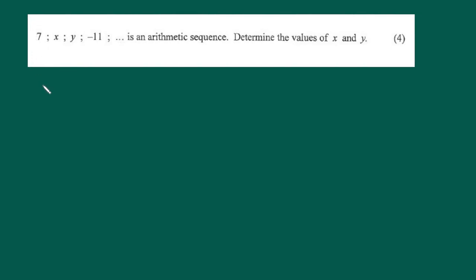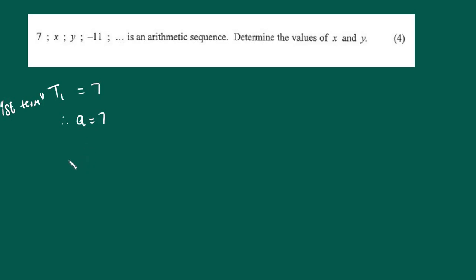Because it's on the first position. Remember t1 means the term in the first position, which is 7, or your first term. So your first term is 7. That actually means that your a is equals to 7.